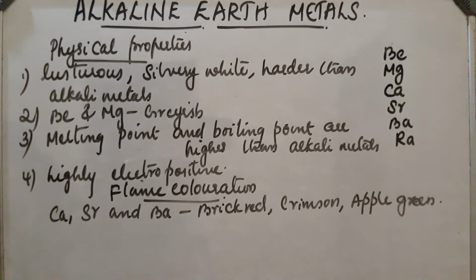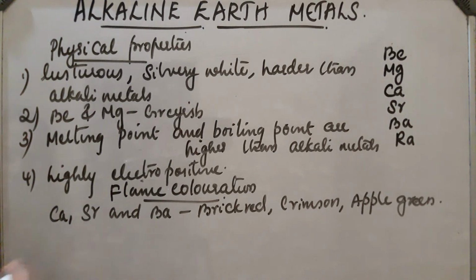This flame test is helpful in detection in qualitative analysis and in estimation by flame photometry. In the flame, electrons are excited to a higher level, and when they return to the ground state, energy is emitted in the visible region. So we get different colors for these compounds.